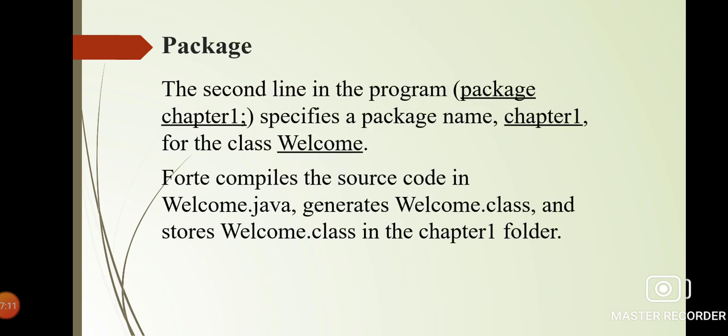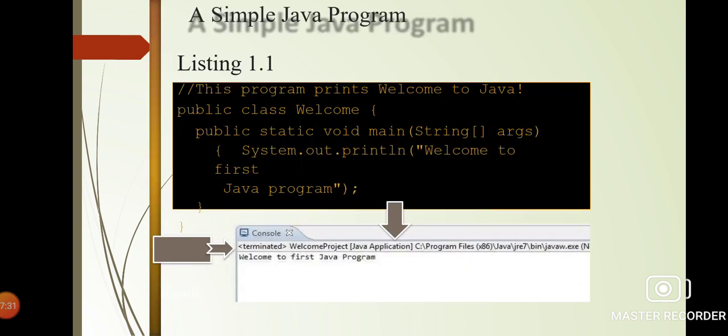Next is the package. The second line in the program, package chapter1, specifies the package name chapter1 for the class Welcome. javac compiles the source code in Welcome.java, which generates Welcome.class and stores Welcome.class in the chapter1 folder.